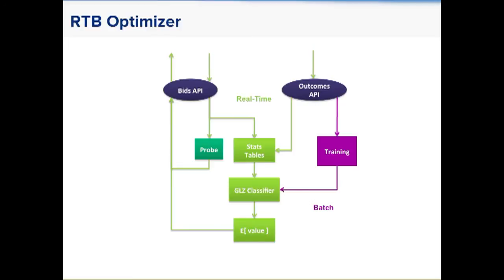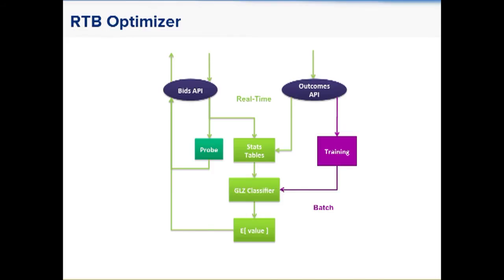So this is my final system diagram. I basically split this up into real-time and batch. Real-time is in green, batch is in purple. Bid requests come in. They're randomly routed either to the probe or the optimized stack. We feed the request through the stats tables to generate features for the GLZs. We compute a probability.